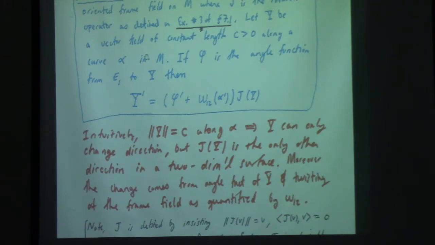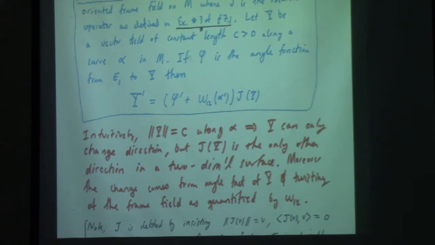We were laboring the technical details of the proof, but we should stop and think about what this is saying intuitively, right? It's saying that if you have a vector field of constant length along a curve, the vector field can only change direction, and the only direction it can change into is the orthogonal direction to y, which is Jy.